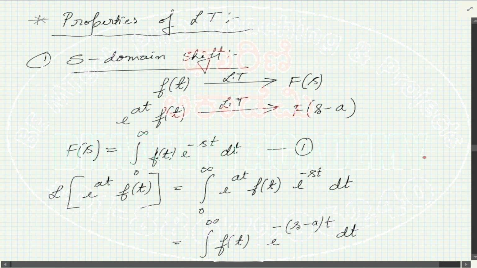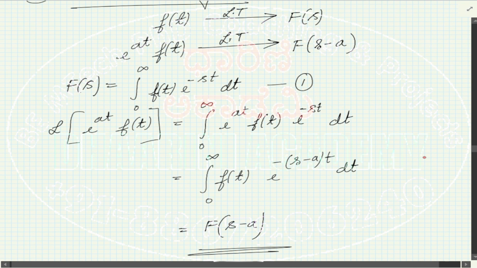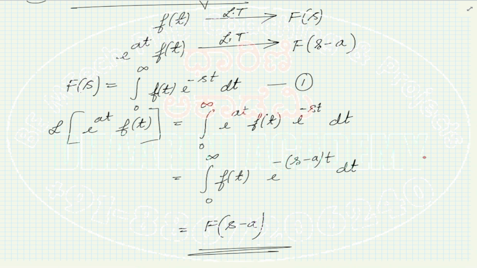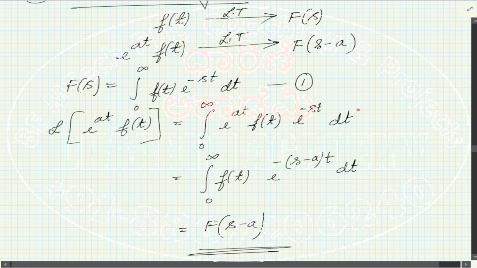Okay, we'll try to prove this now. F of s is, from the basic definition, the integral from 0 to infinity of f of t e to the minus st dt. But if you have e to the at f of t, the e to the at f of t will come in place of f of t. That's all.